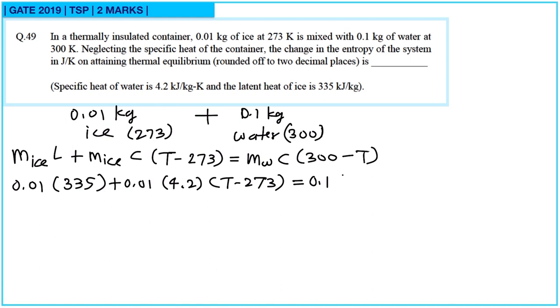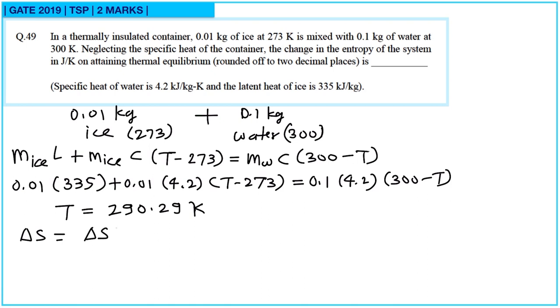Here we have 0.1 into 4.2 into (300 − T). You have to solve this for temperature. After solving this equation, temperature is equal to 290.29 Kelvin.